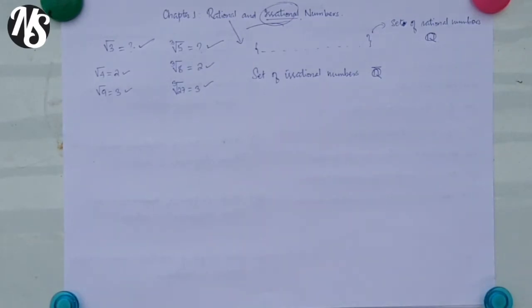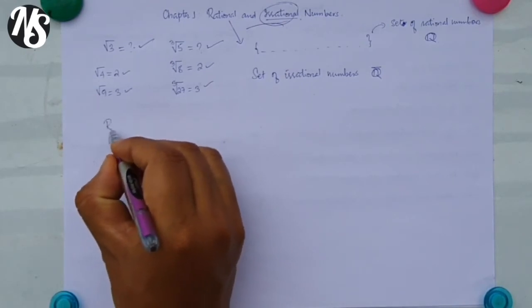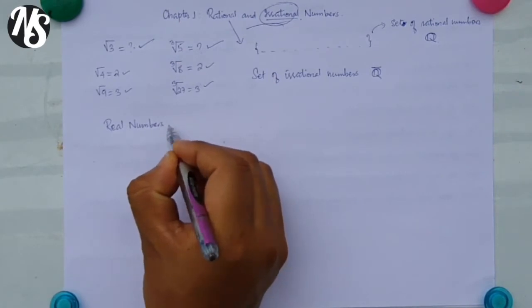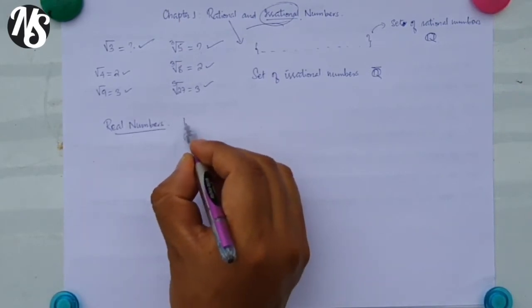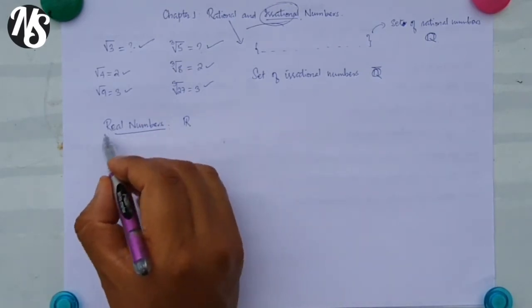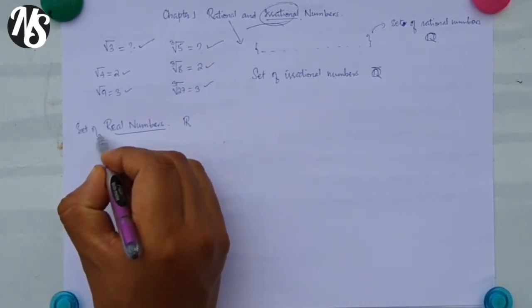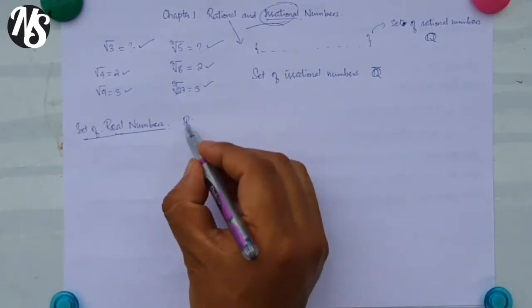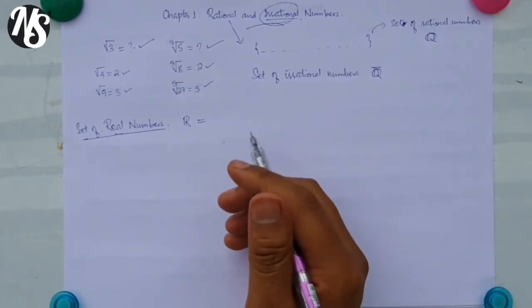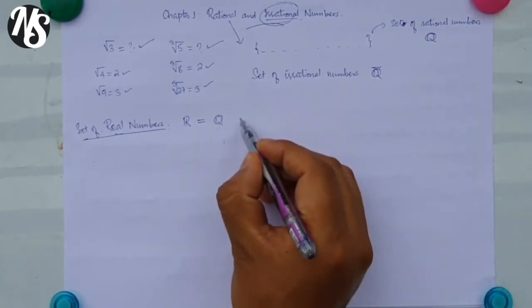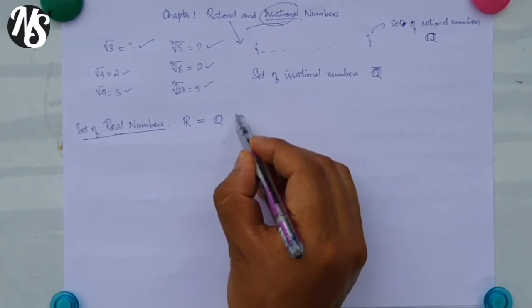Now let's talk about real numbers. You must be knowing that real numbers are denoted by the letter R. Not real numbers, rather the set of real numbers is denoted by R. Now you know this R, the set of real numbers, is the combination of the set of rational numbers and the set of irrational numbers.